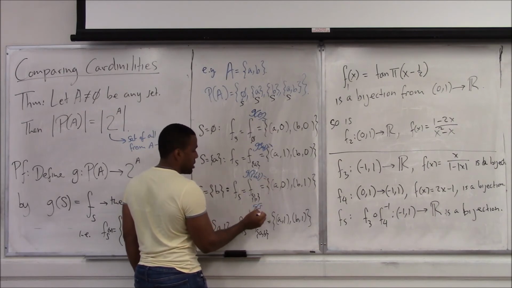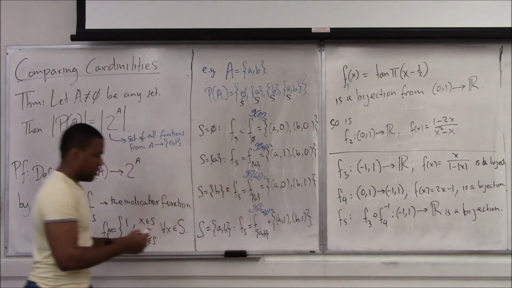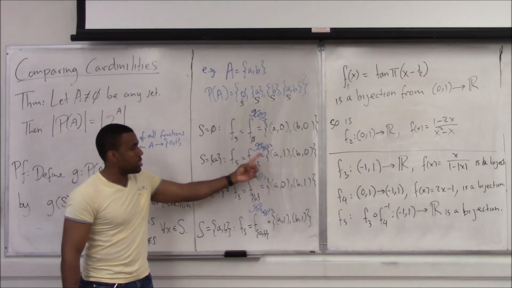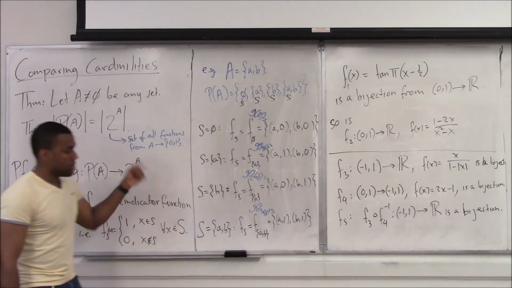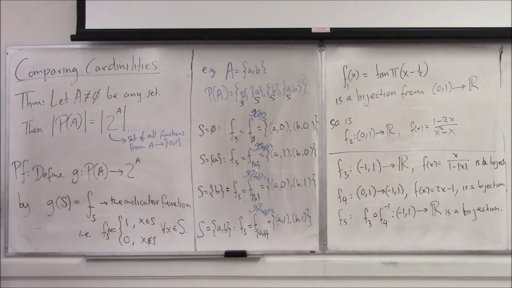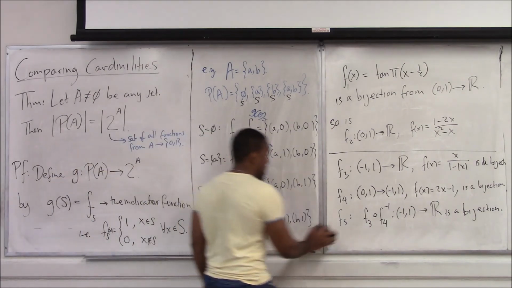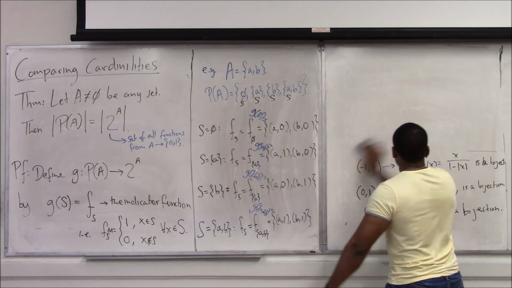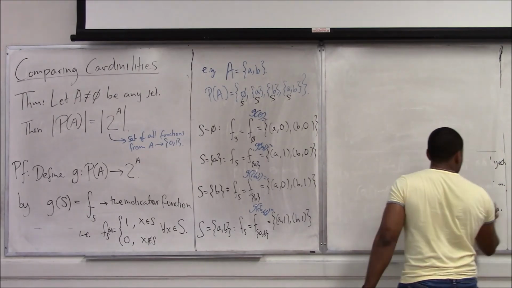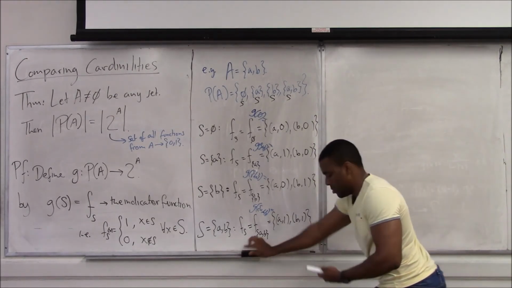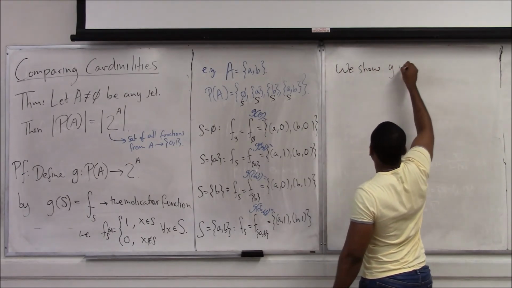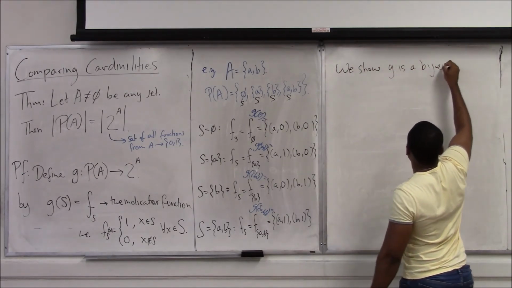G of the set containing A and B gives me that. So when I plug in this subset, that's the output. Plug in this subset, this function is the output. And I'm claiming that this will create a bijection. We show G is a bijection.